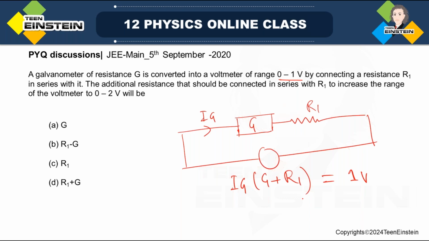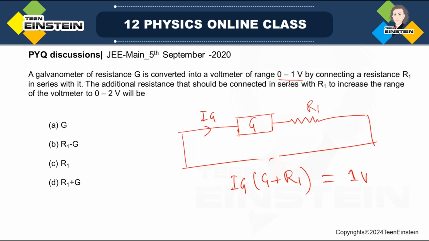This is the meaning of the range of the voltmeter, 0 to 1. If I had written 0 to 5, then I would have written 5 here. We always have to take the upper limit. So Ig times (R1 plus G) gives you the range of the voltage.